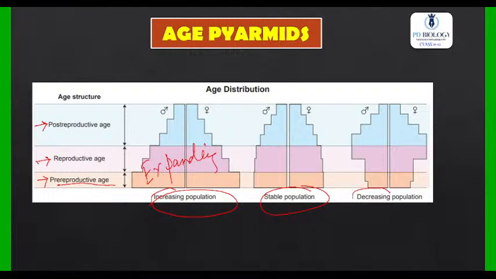And this one decreasing, declining. So that is the triangular, and this is the bell-shaped, and that is the urn-shaped pyramid. Remember this one.